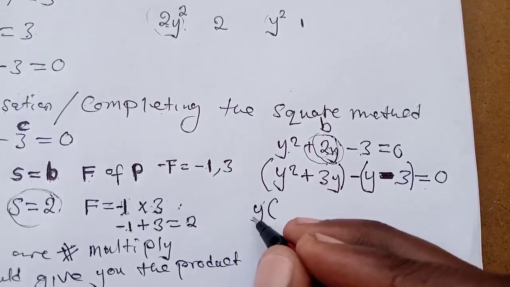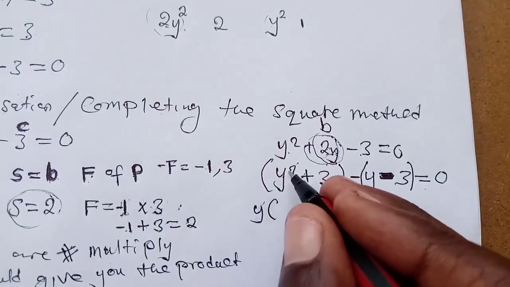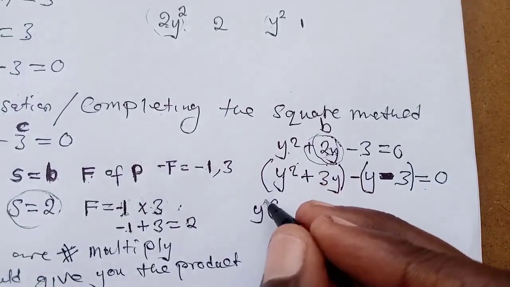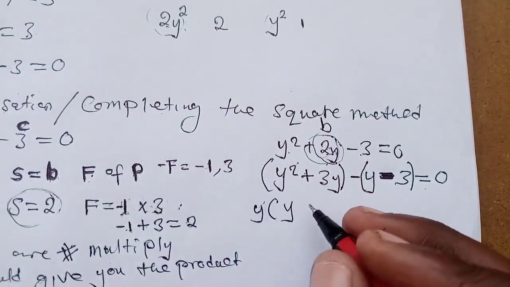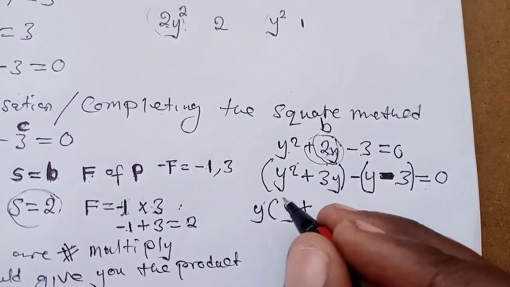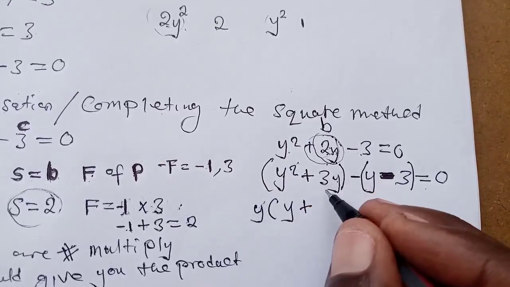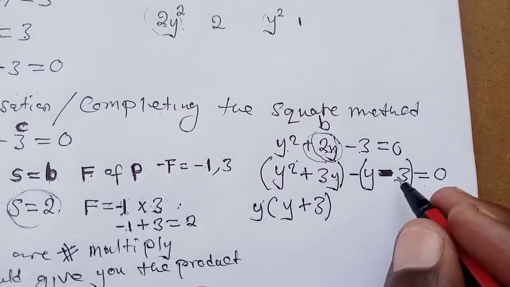This y will cancel this one, this y will cancel this one, so there will be just 1 here. This one will cancel the squared, so there will be y, then plus y into 3y. You cancel this one, you cancel that one, so it will be 3, like that.